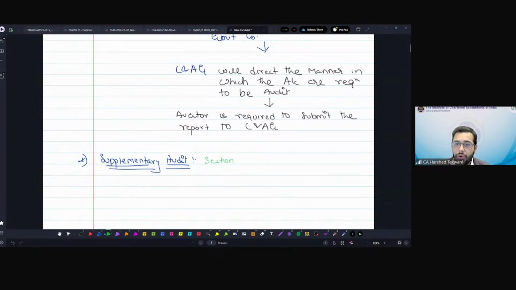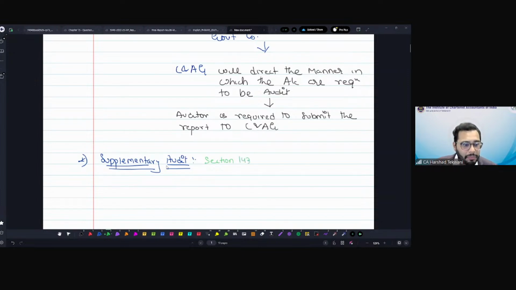Correct. So basically, supplementary audit is the audit which is done by the C&AG under 143(6). Now, what is the requirement and what does it say?